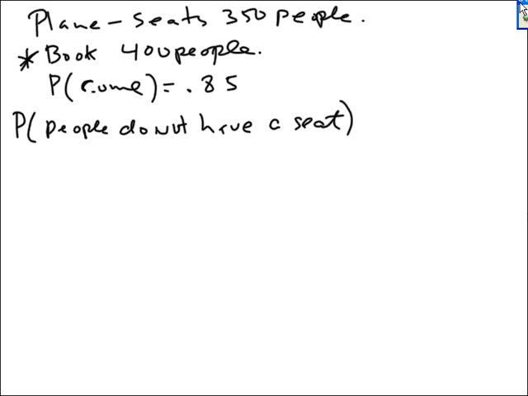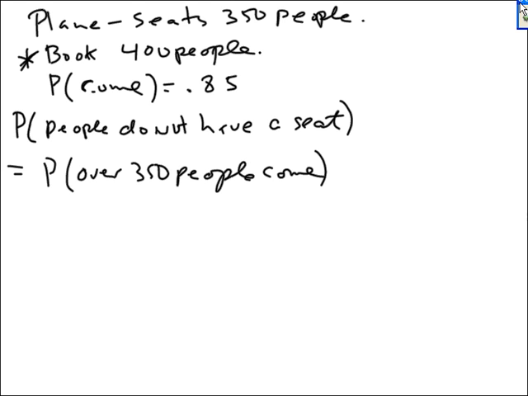That is, over 350 people come. More than 350 people come. If exactly 350 people came, the airline would be thrilled because they don't have to deal with people who don't have seats, and every seat on that plane has a paying passenger.